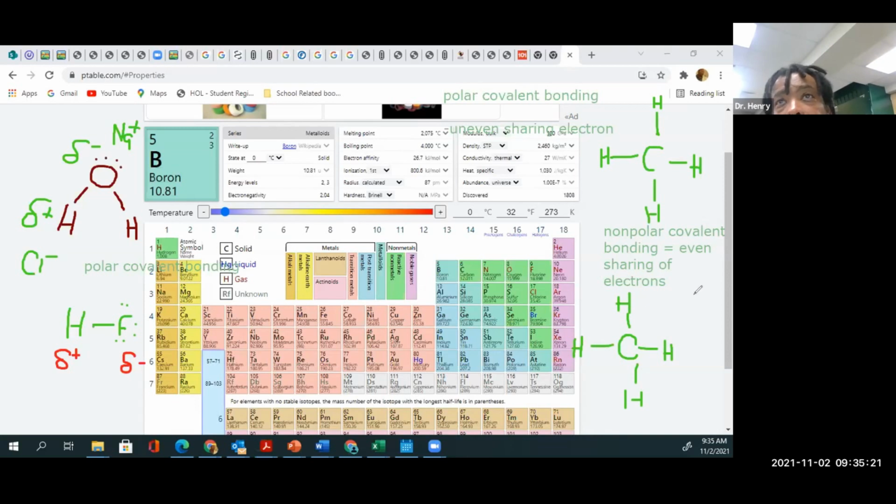Let me give you an example of a nonpolar one. Easiest one ever. When we have two atoms that are exactly the same, so diatomic elements like iodine, these are non-polar because they have even pull, so they're equally strong.